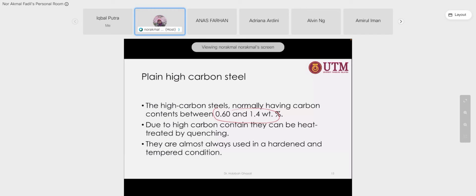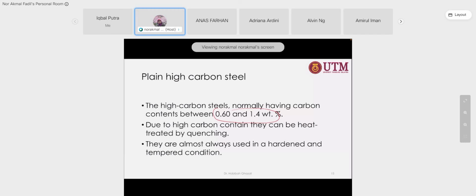You will never use high carbon steel without this treatment, because it is very expensive. It's not easy to produce high carbon steel. So why would you use high carbon steel if you don't want to achieve the good benefit out of it? You have invested a high cost for this kind of alloy, and suddenly you are not optimizing.